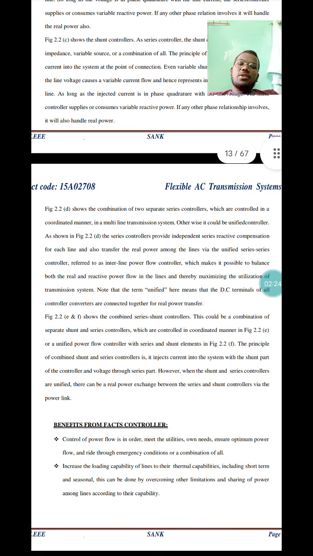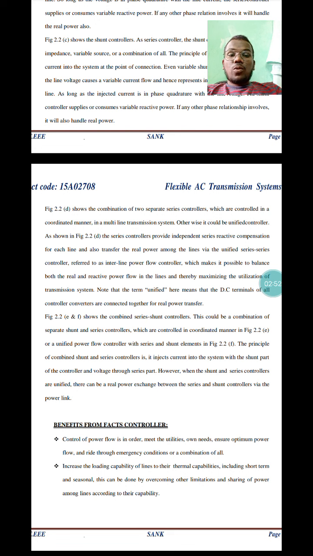The figure shows the combination of two separate series controllers which are controlled in a coordinated manner in a multi-line transmission system. Otherwise, it could be a unified controller. The series controllers provide independent series reactive compensation for each line and also transfer real power among the lines via the unified series controller, referred to as the interline power flow controller.